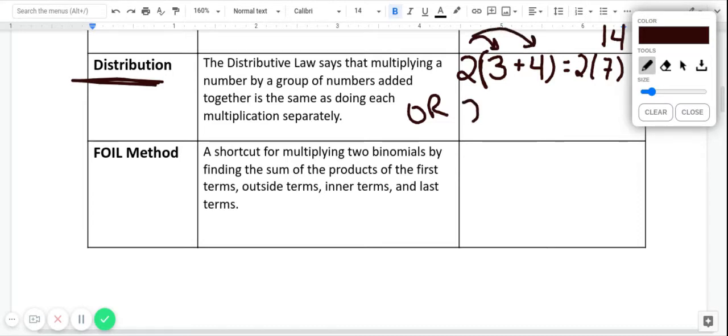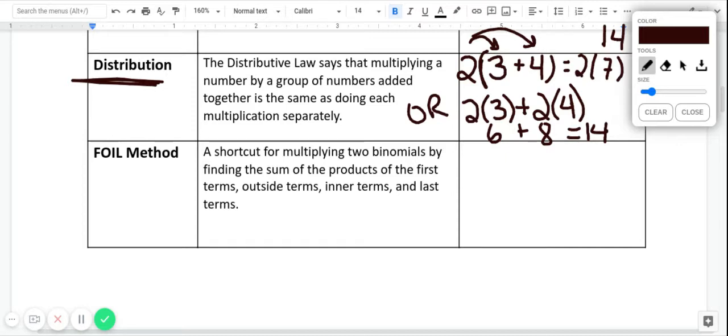So this is the same as 2 times 3 plus, apply that 2 to that 4, 2 times 4. What's 2 times 3? Well, that's 6. What's 2 times 4? Well, that's 8. Hey, we get the same thing. And this is why this law works. So then we'll start to apply this to variables with polynomials as well.